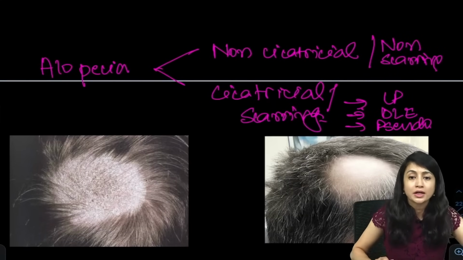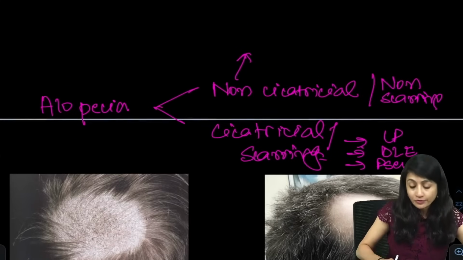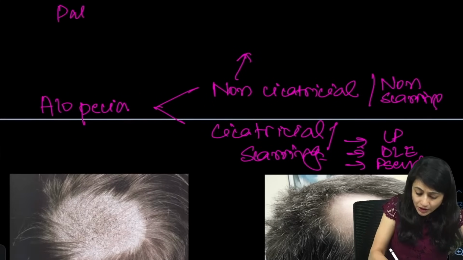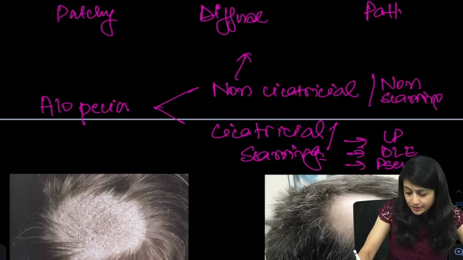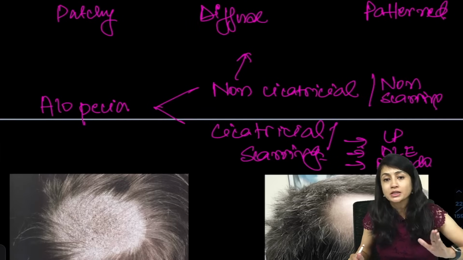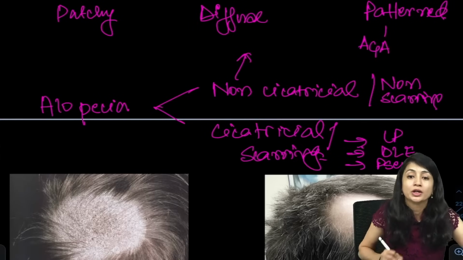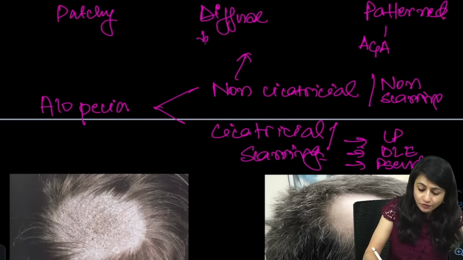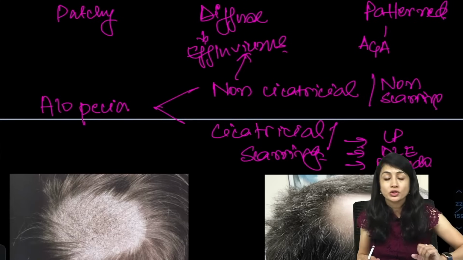For non-cicatricial alopecia, it can be patchy, diffuse or patterned. If it is patterned, we are talking about androgenetic alopecia. If it is diffuse, we are talking about various effluviums. Okay, this is a quick revision of the various causes of alopecia.